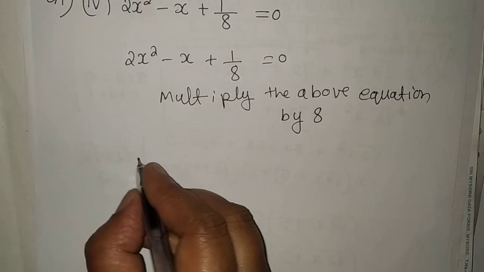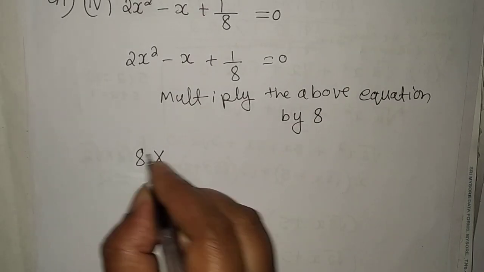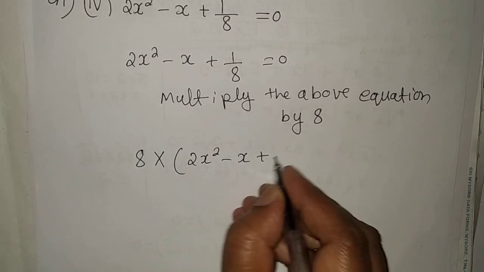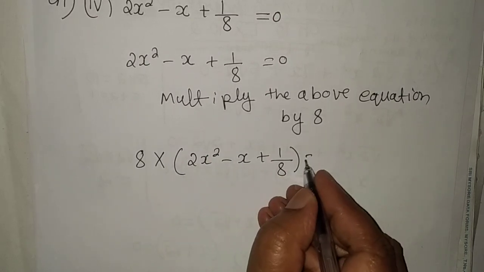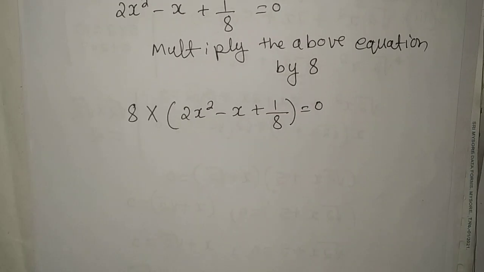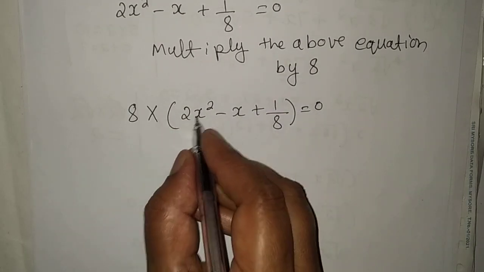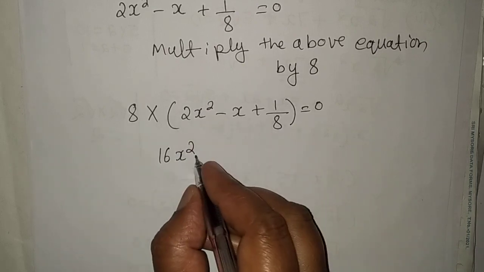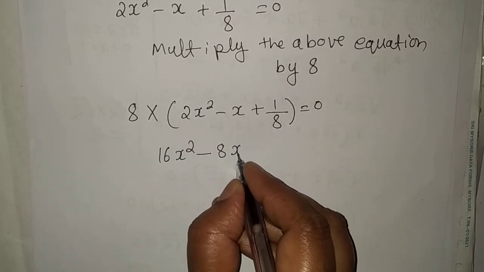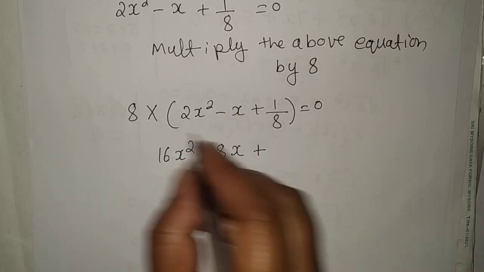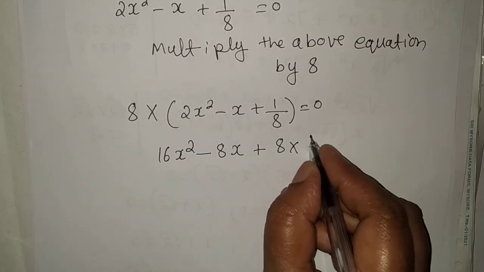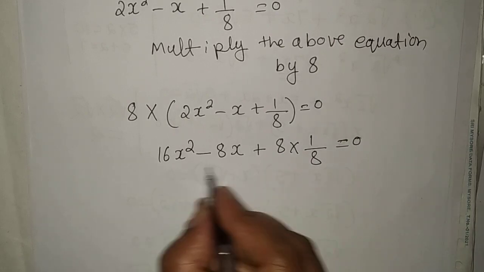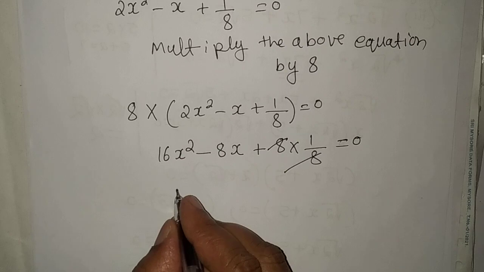So what happens? 8 into 2x square minus x plus 1 by 8 is equal to 0. Now 8 2s are 16, 16x square minus 8 into x, 8x, then plus 8 into 1 by 8 is equal to 0. Now 8 cancels here.